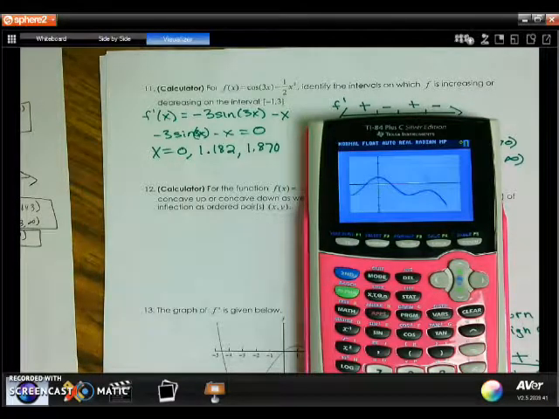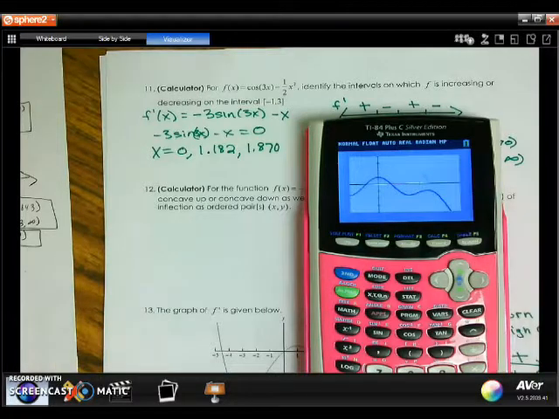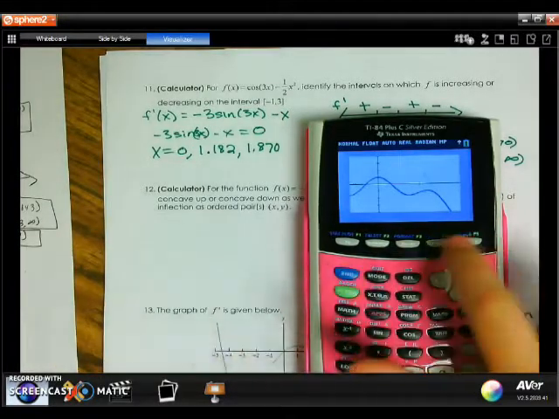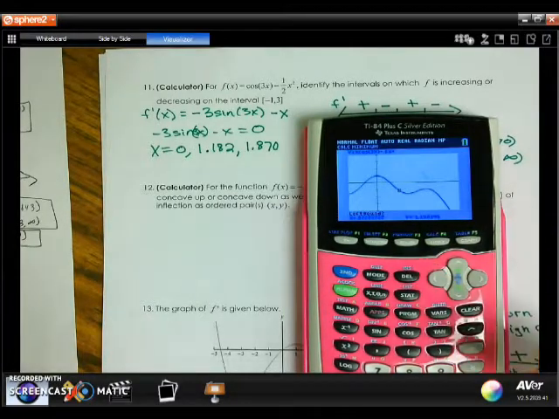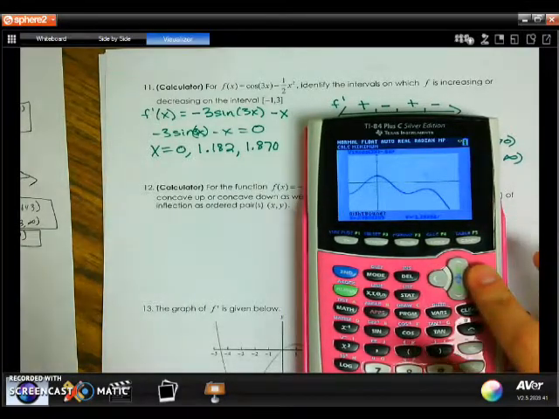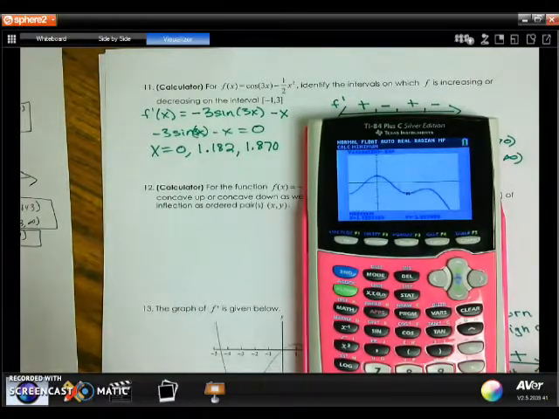So if you were looking at just this graph, you would be looking for the maximum and minimum points. So you would be concerned with this right here and this peak right there. To find those, you'd hit second, calc. You'd go to choice 3, minimum, and then you'd go a little to the left and a little to the right of that minimum to find it.